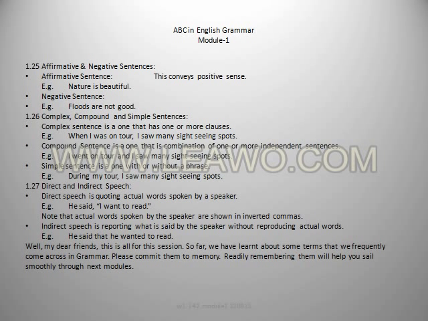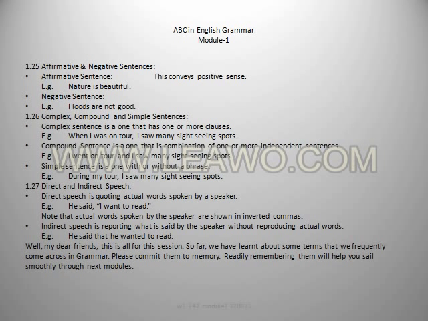Complex, compound and simple sentences. A complex sentence is one that has one or more clauses. Example, when I was on tour, I saw many sightseeing spots. A compound sentence is one that is a combination of one or more independent sentences.